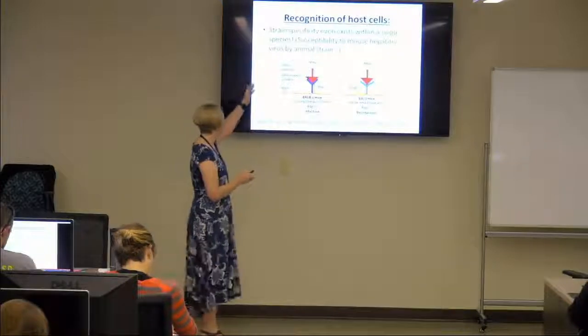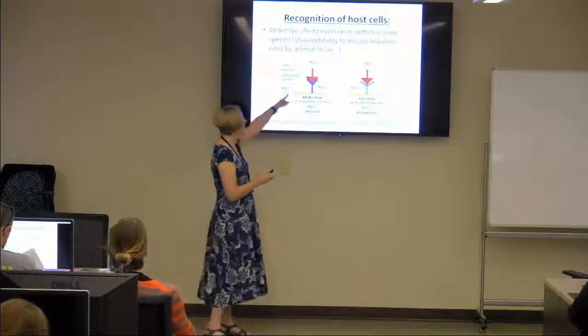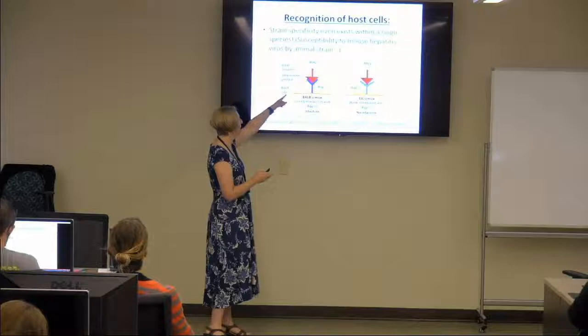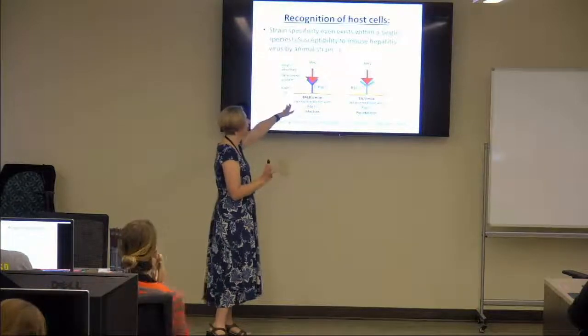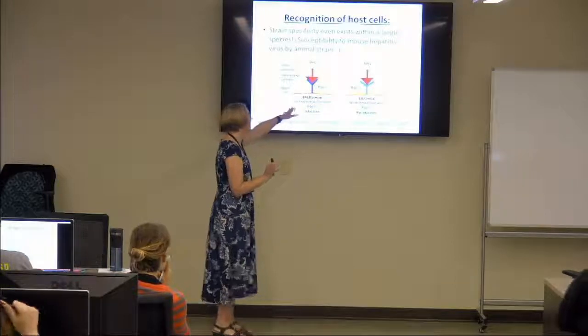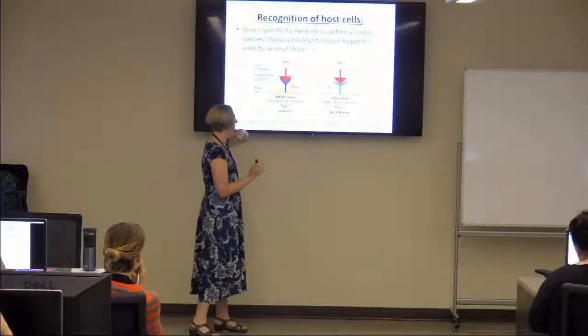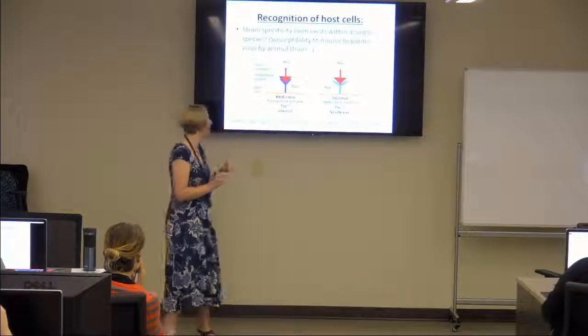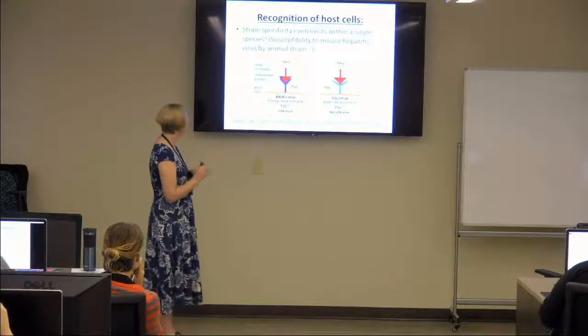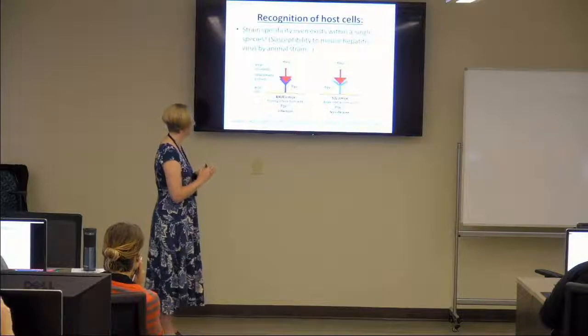Here's the virus, right? There's the protein sticking out of the envelope of that virus. Here is, whatever, and I hate that they make it look like an antibody, but it's not. This is some receptor on the surface of the cell for this particular mouse. This is a mouse example. And mouse hepatitis.